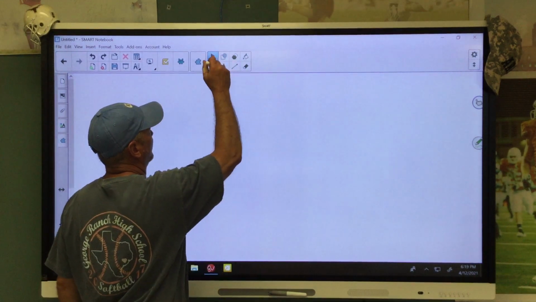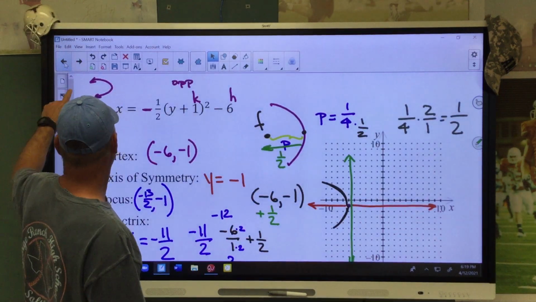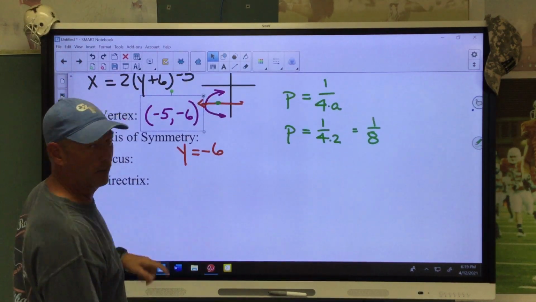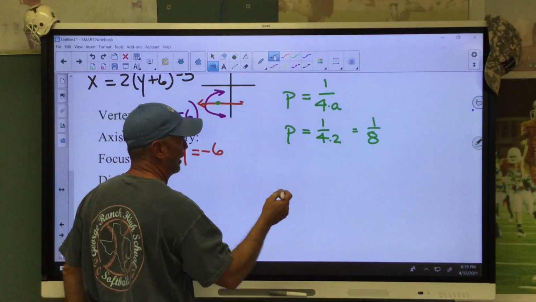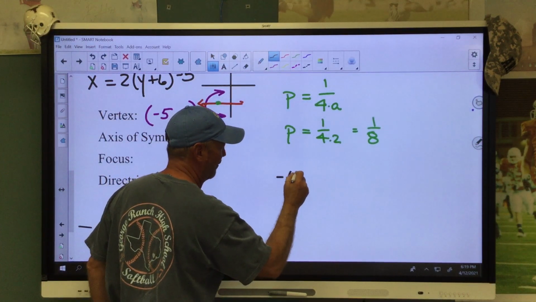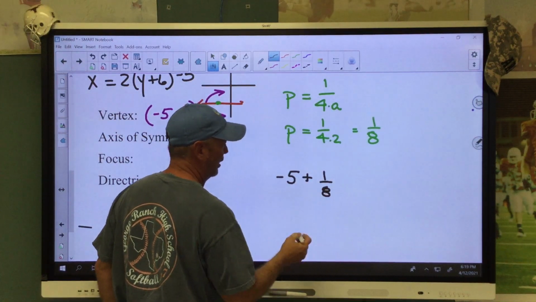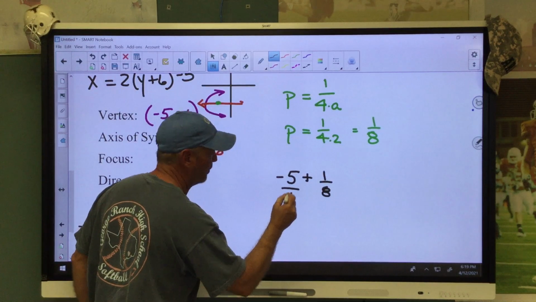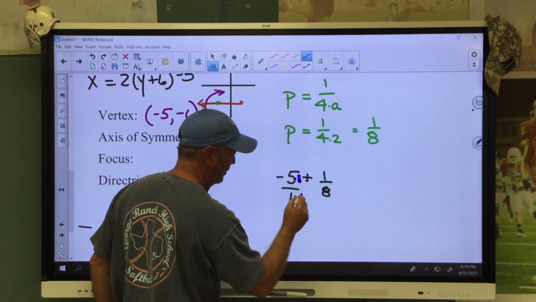I'm going to the right, so I need to add 1/8 to my -5. So I'm going to say -5 plus 1/8. I'm going to change this to a fraction. I'm going to multiply the top times 8, the bottom times 8.